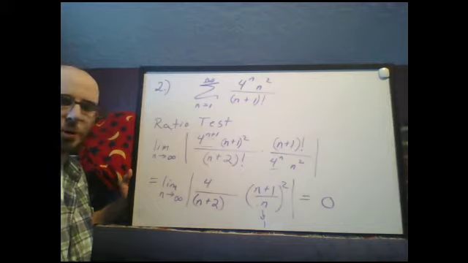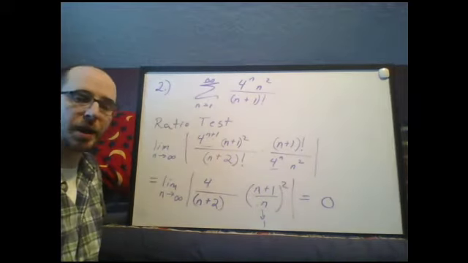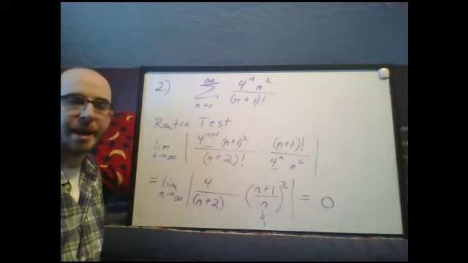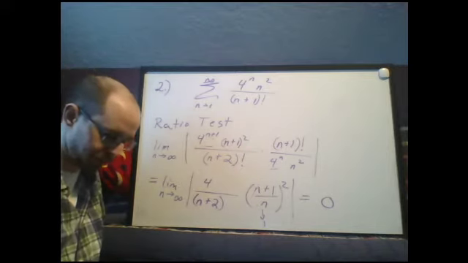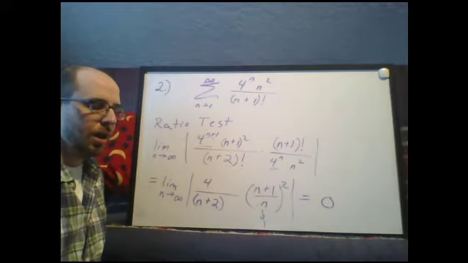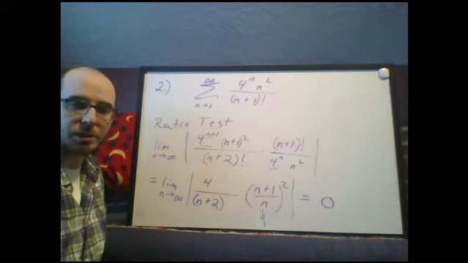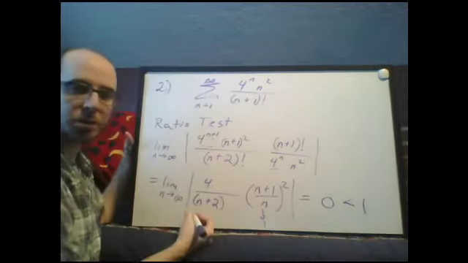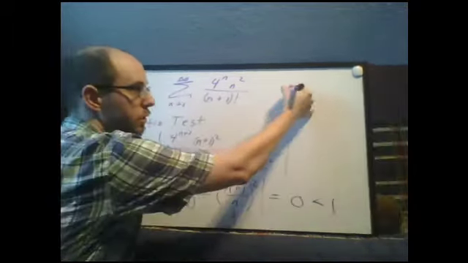So my limit's 0. And then in the ratio test, we have a successful ratio test if, well, I guess it depends on your perspective. Ratio test tells you that it converges when your answer is less than 1. So 0 is less than 1, so this is convergent.